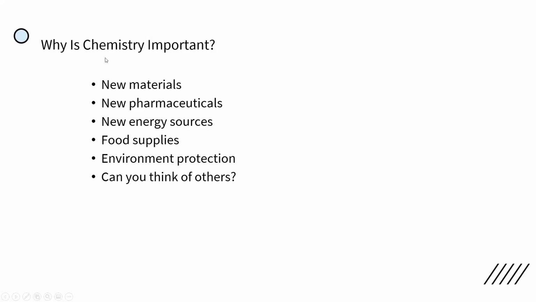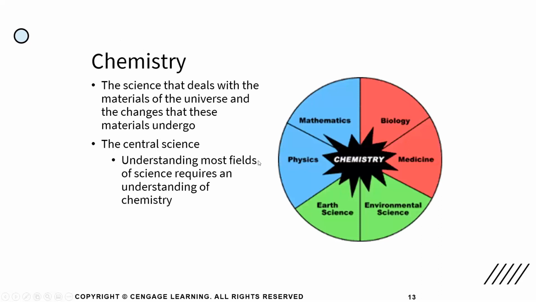I think that everything in our daily activities has to do with matter, and chemistry studies matter. Then we can see that chemistry is a science that deals with the materials of the universe and the changes that these materials undergo.